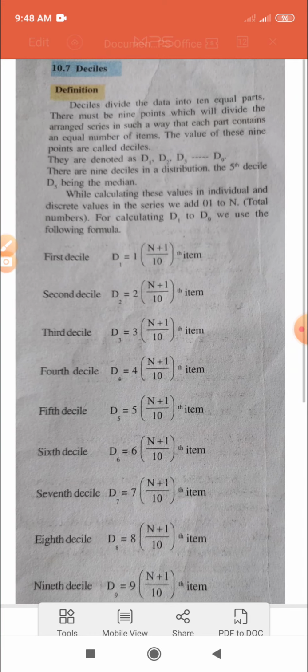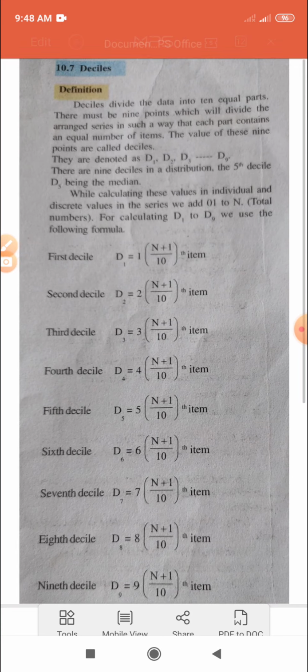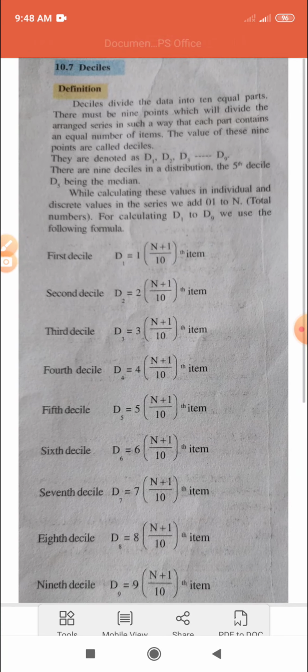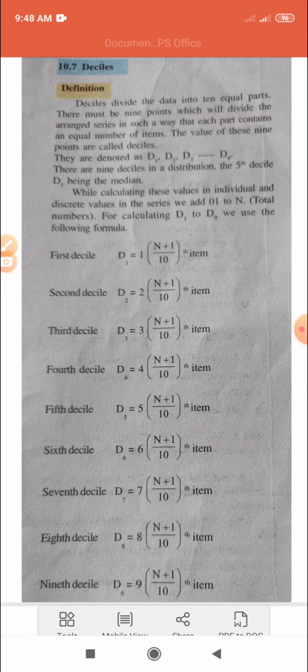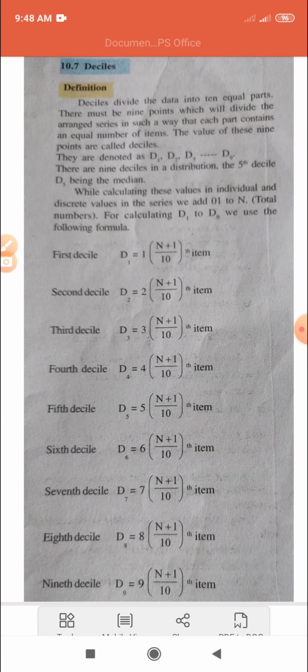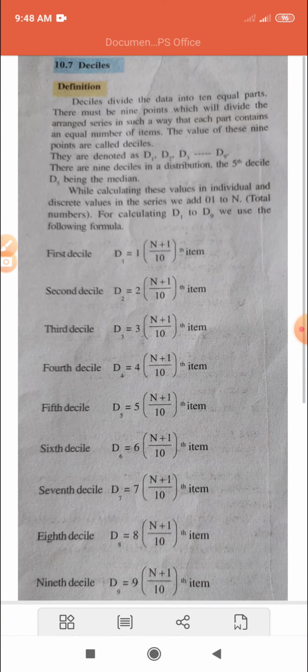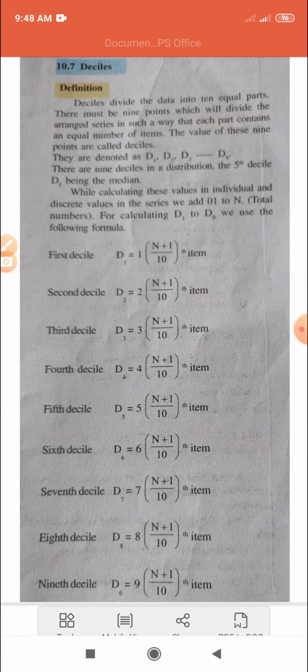While calculating these values in individual and discrete series, we add 1 to n, that is total numbers, for calculating D1 to D9. We use the following formulas for calculation of deciles under individual and discrete series.